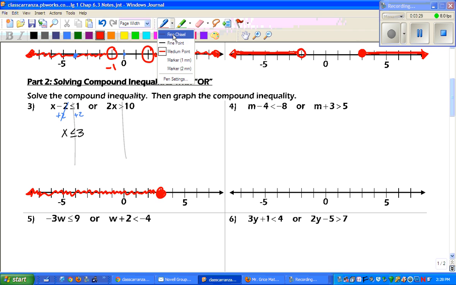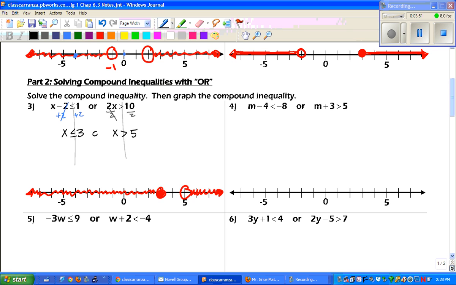Okay. The other side, we have to divide by 2. And we get x is greater than 5. So at 5, we have an open circle, and greater, so we would shade everything to the right.